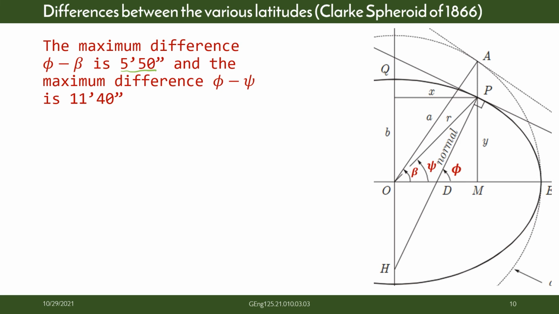And the maximum difference between the geodetic and geocentric is equal to 11 minutes 40 seconds. So this is somehow the maximum difference that we could attain using this ellipsoid. Okay, so if we use other ellipsoids like GRS 80 or WGS 84, probably they will have a slight difference, but somehow the values will be close to these differences.